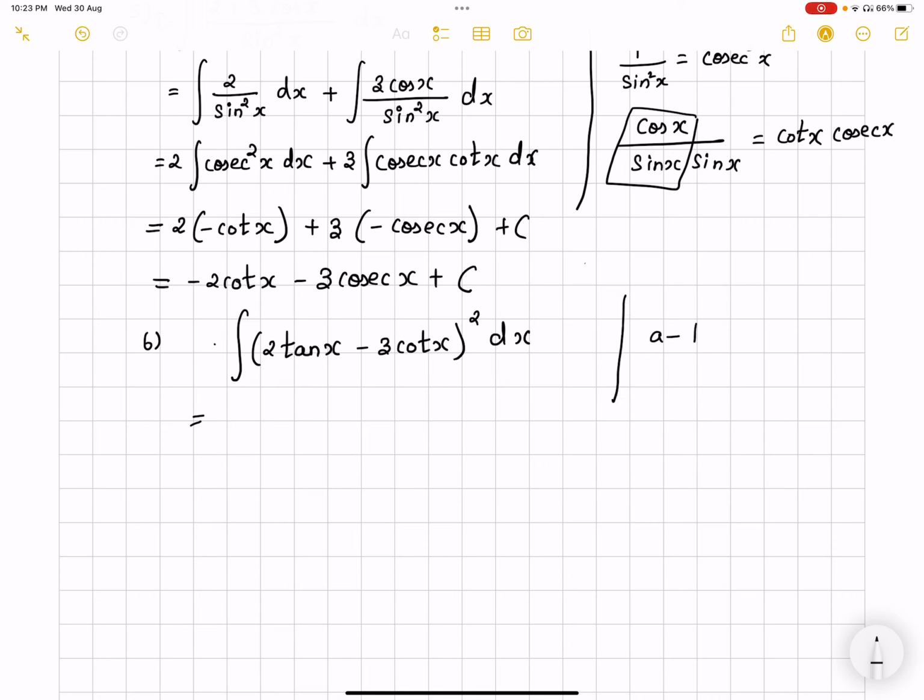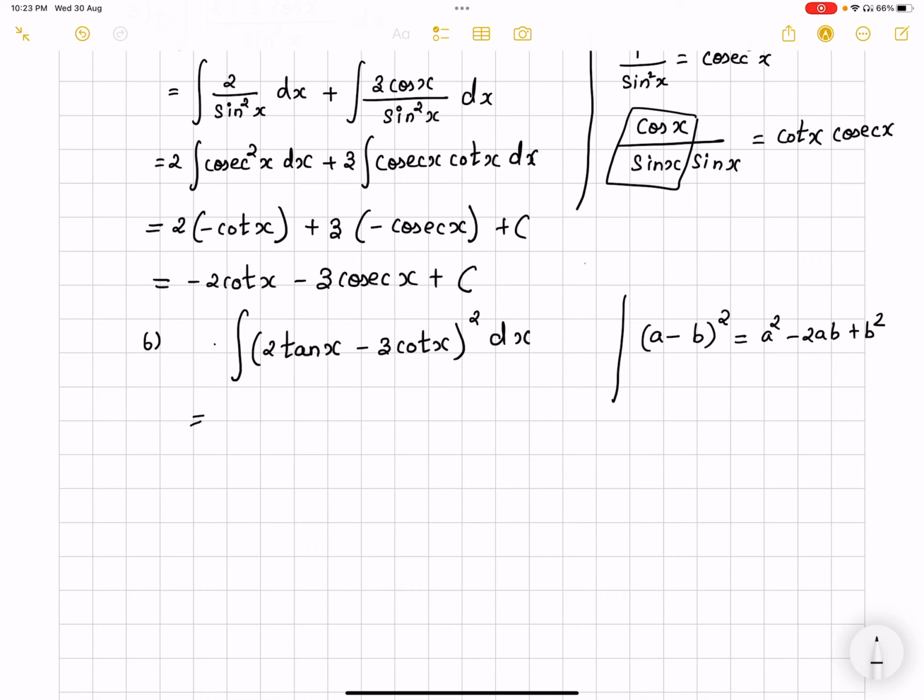See, it's a study of pattern everything. So whatever I am able to remember is based on the pattern. When I observe something of some pattern, then I apply it with that formula. So here a minus b the whole square is equal to a square minus 2ab plus b square, and a is equal to 2 tan x and b is equal to 3 cot x.